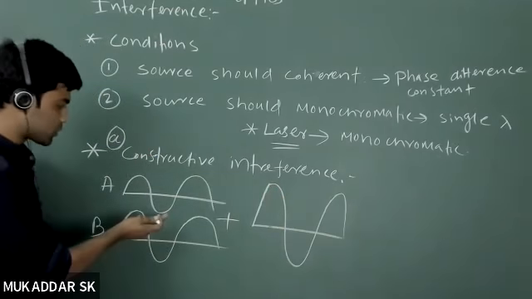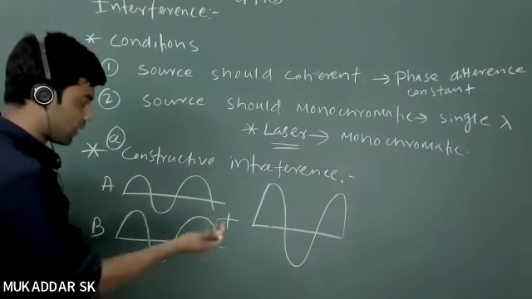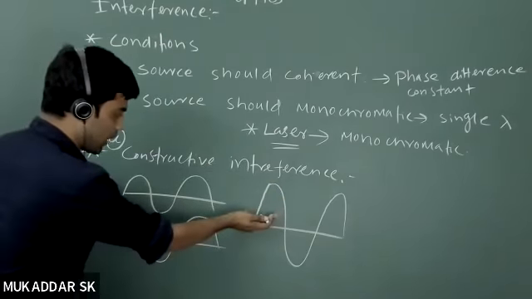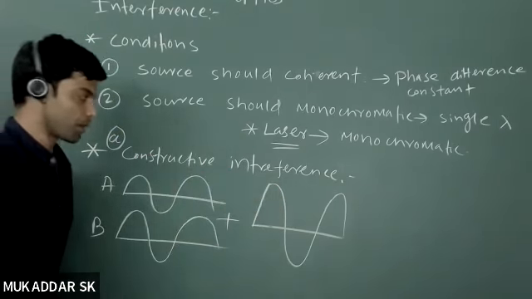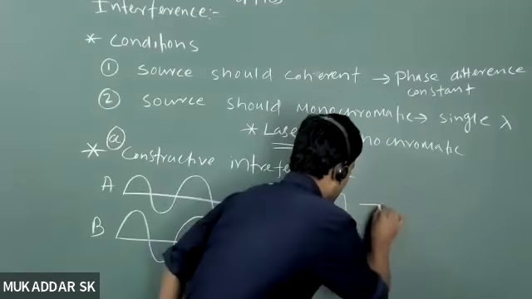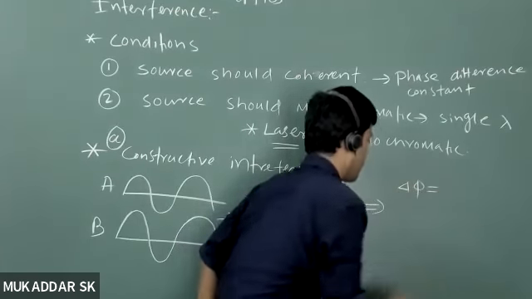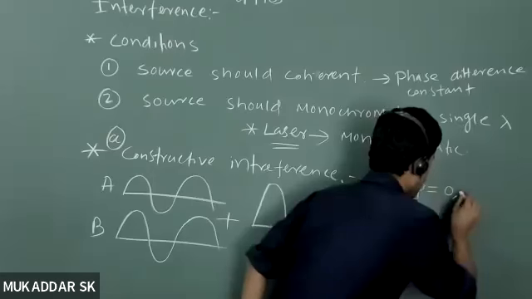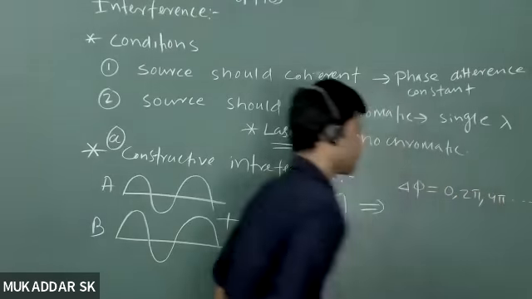So during constructive interference, you will get high intensity, or you can say the resultant wave will have a higher amplitude compared to the individual one. Okay. So when will it occur? When the phase difference between waves, delta phi, is either 0 or 2 pi or 4 pi and so on.